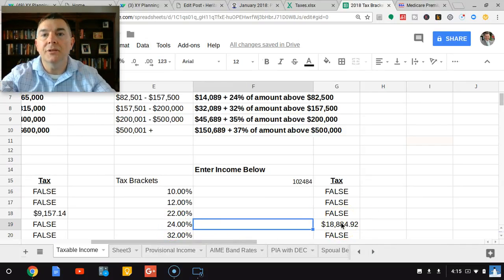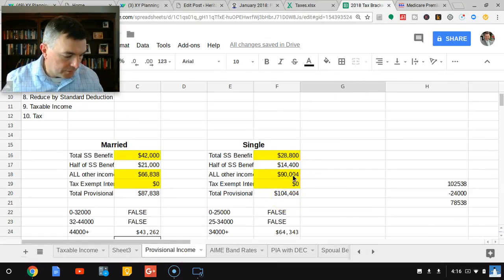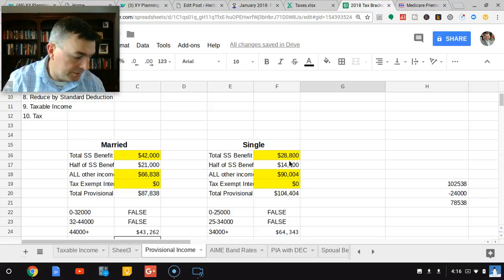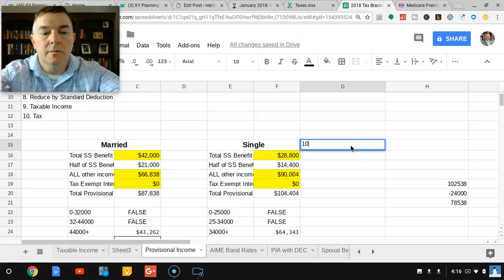So $18,894 on total income of $90,000 plus $28,800, total income of $118,000. So basically, she is in a 10% effective tax rate now.